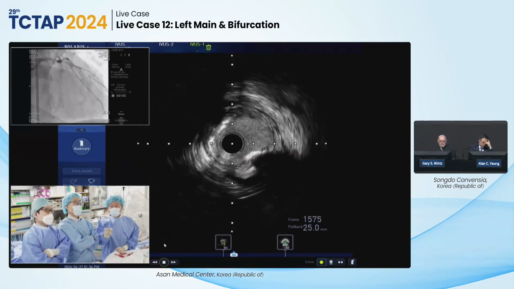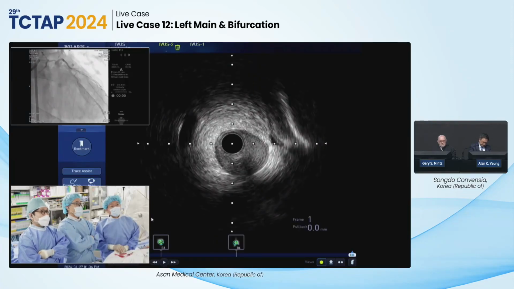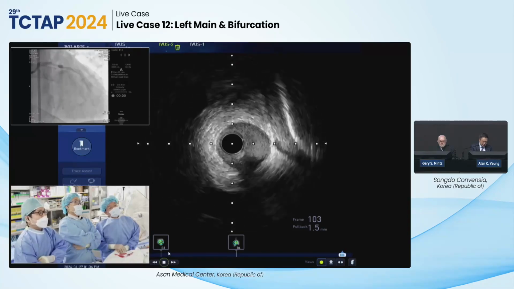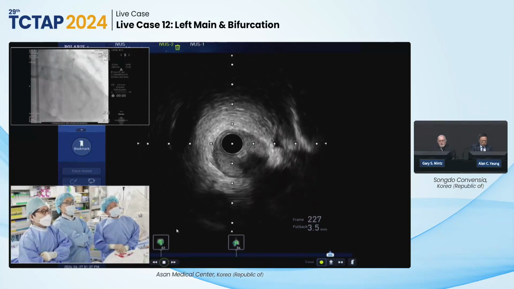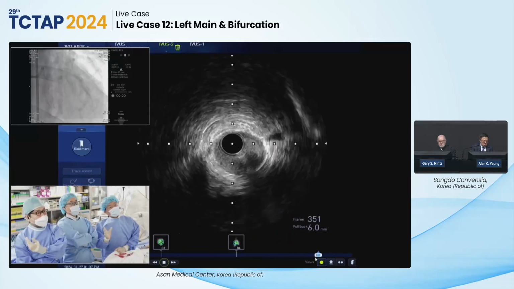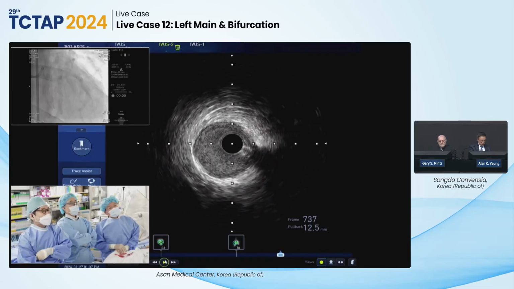Okay, move on to the diagonal IVUS, please. This is the diagonal branch, and we can see the plaque in the distal region, and the distal part is small, right? Proximal from here, please.